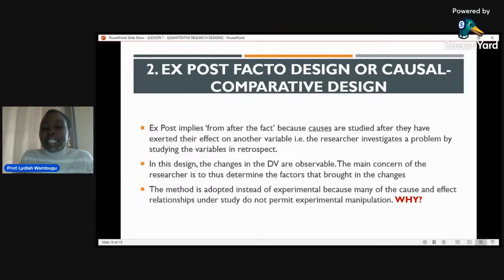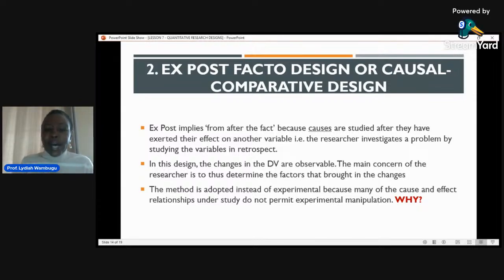The researcher in an ex post facto design is investigating a problem by studying the variables in retrospect. So students have already performed very well. What may have brought about these good results? So you are going back. You are going to study the variables in retrospect so that you find out what may have brought about this.